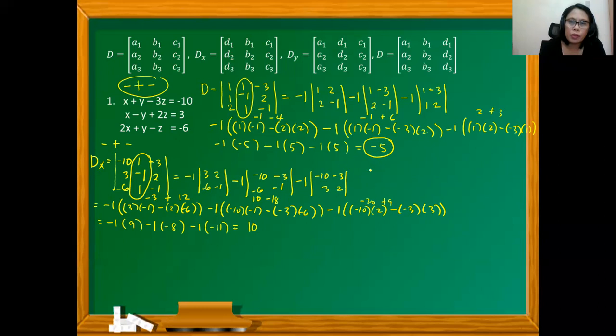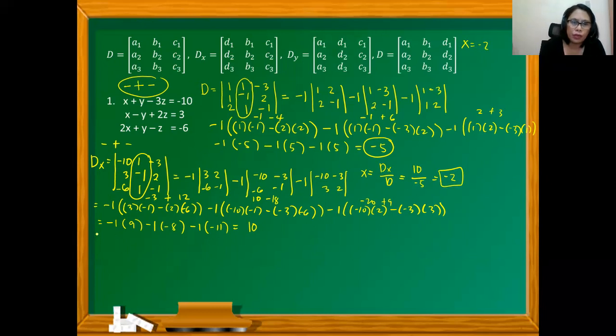Now, solving for x, so x is d sub x over d. And we know that d sub x is 10 and d is negative 5. So x is negative 2. So we now have x equals negative 2.